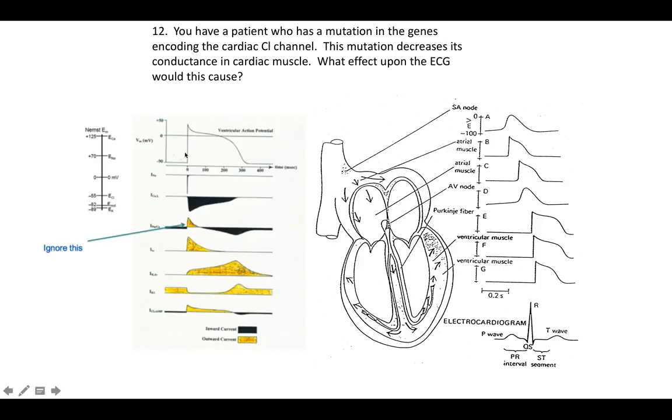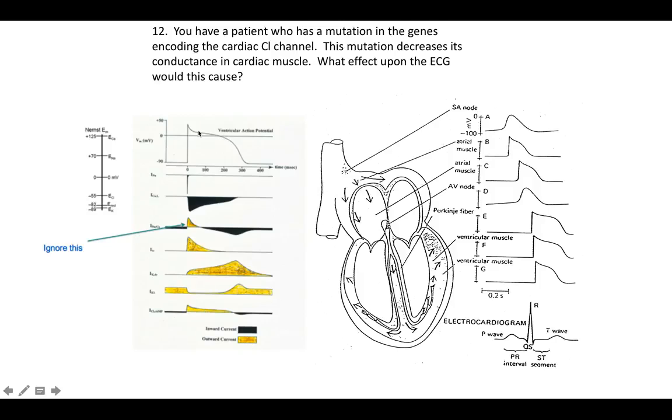It's dragging you up toward minus 55 when you're at rest. Like every other ion current, it's always dragging you toward its equilibrium potential.